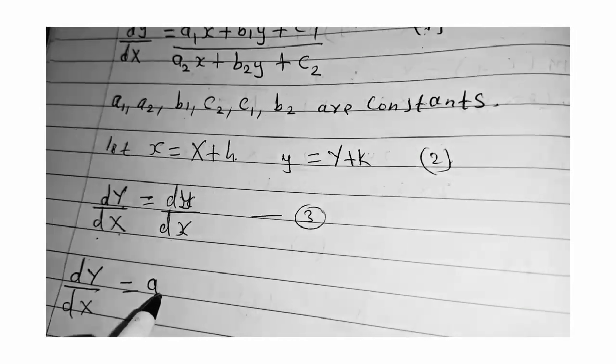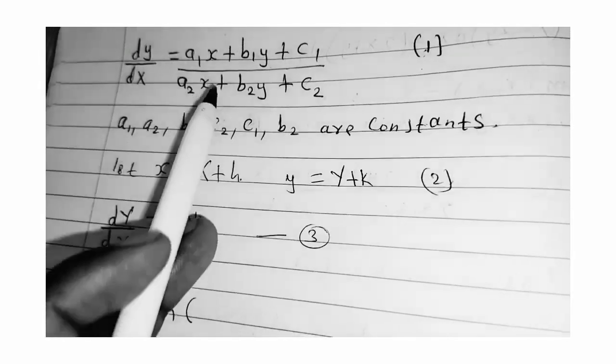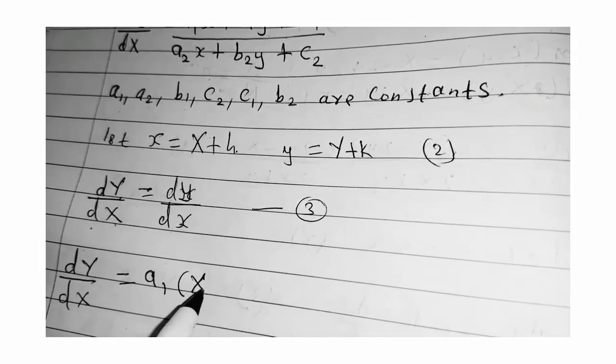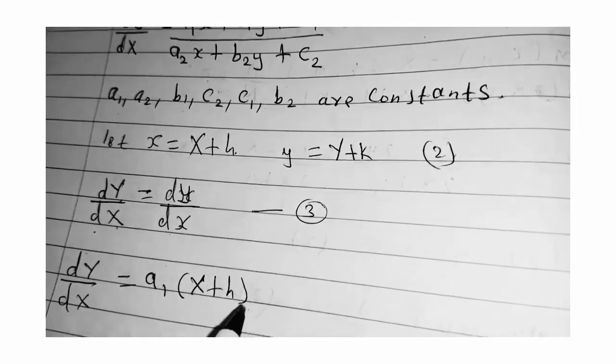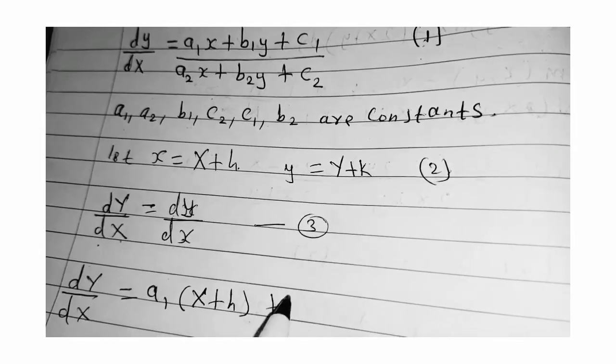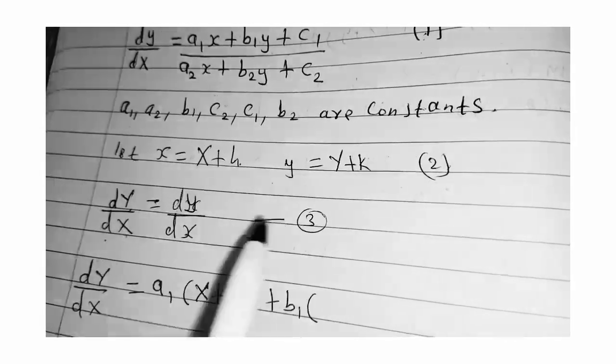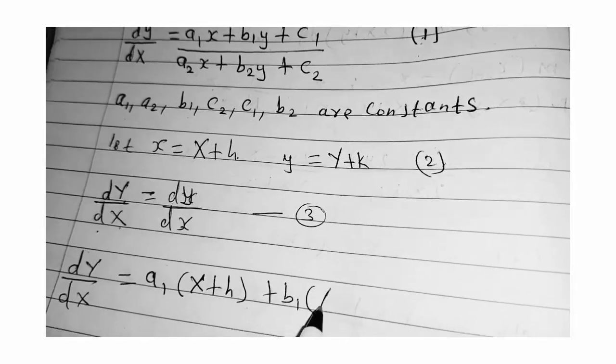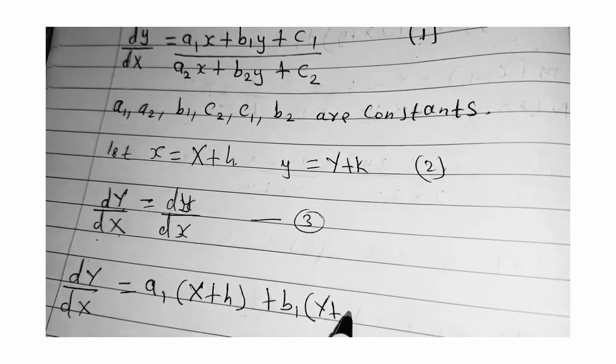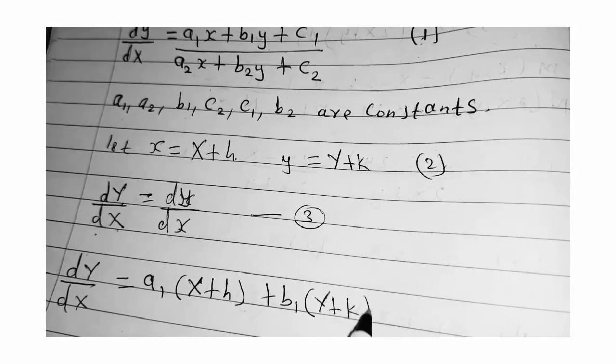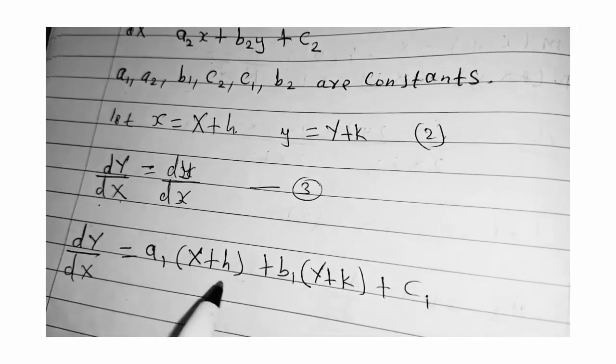So instead of small x, we are going to have capital X plus h, plus b1 into bracket, instead of small y, we are going to have capital Y plus constant k, plus c1.